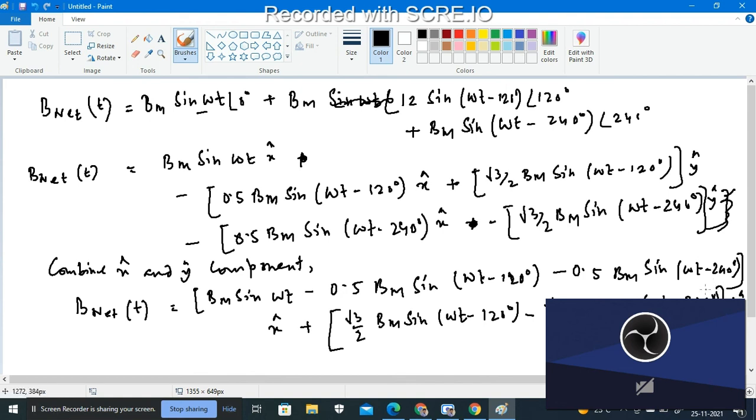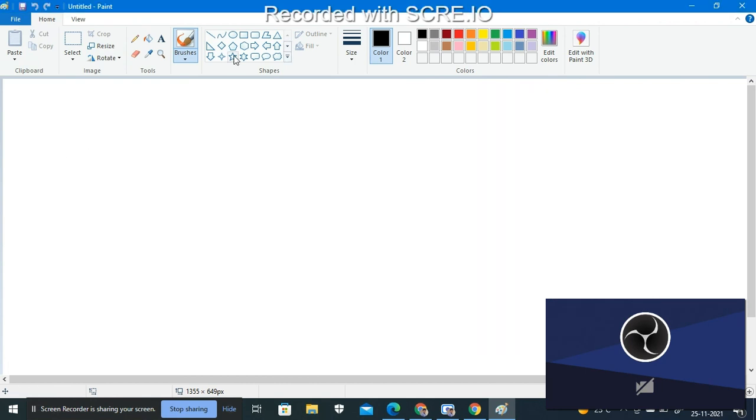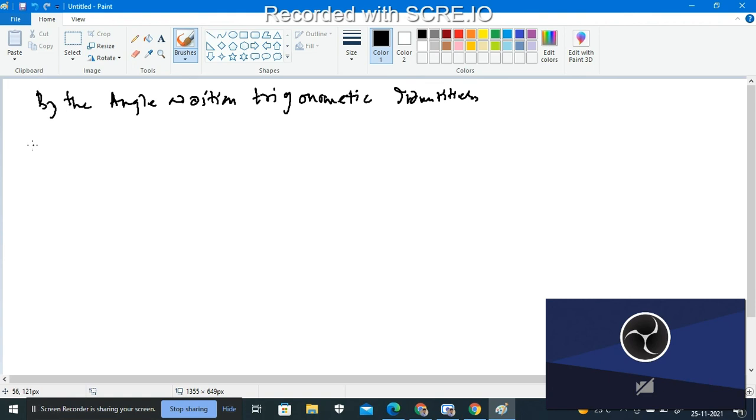Okay, so using this, by the angle addition trigonometric identities, we have to redefine again. So what will be b net t?